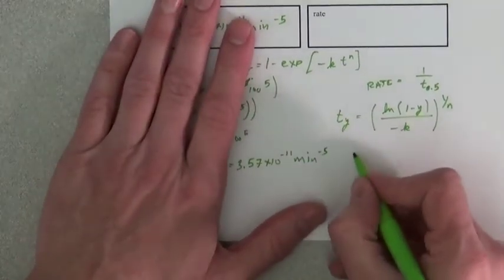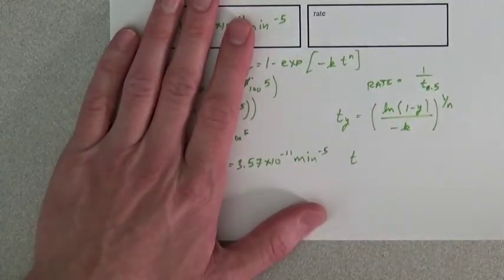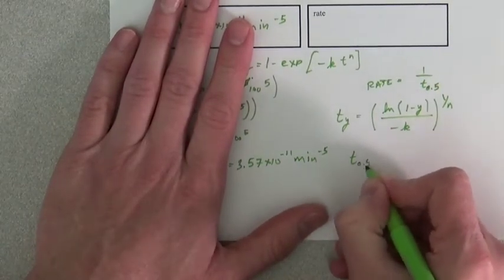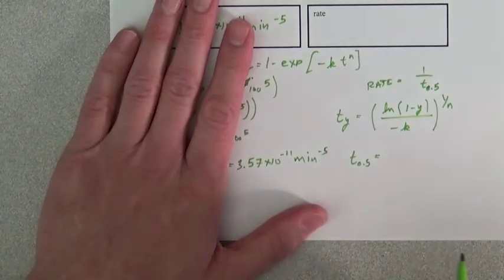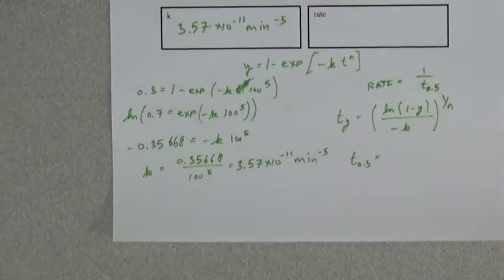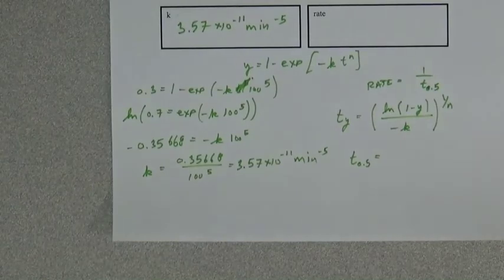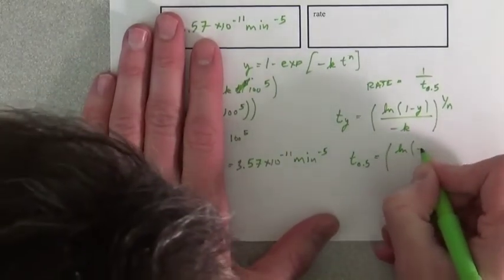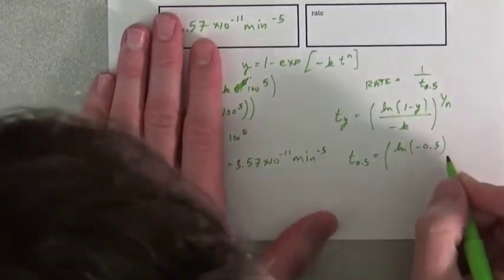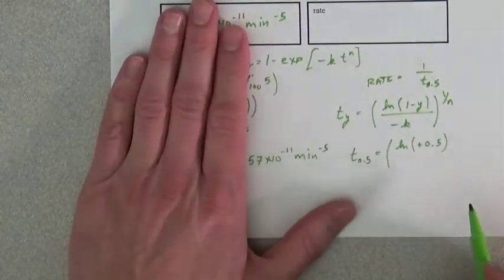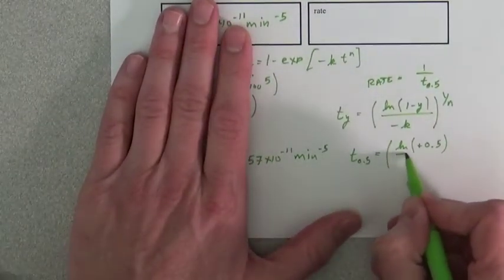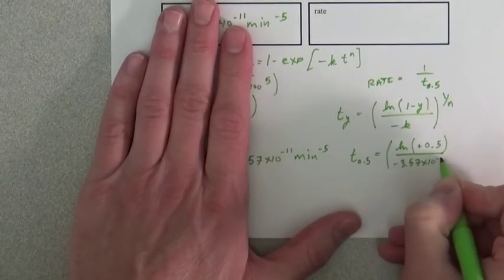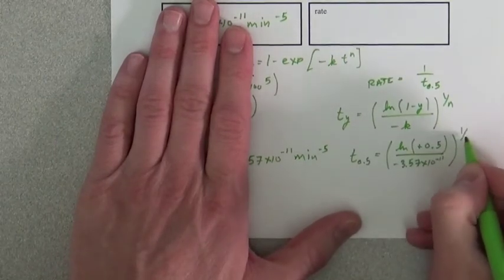So substituting in, t at 0.5 is equal to the natural log of 1 minus 1/2, divided by negative 3.57 times 10 to the minus 11, raised to the 1/5.